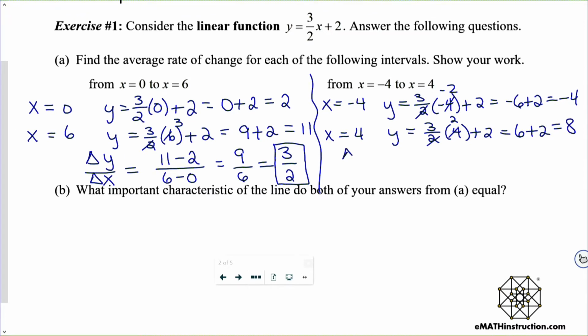Now this is a little bit more tricky, right? We have to watch out because of our negatives and our positives. Our change in y is going to be 8 minus -4, and our change in x will be 4 minus -4. That's going to give us 12 in the numerator, 8 in the denominator. We can divide both of those by 4, and we'll get 3/2.